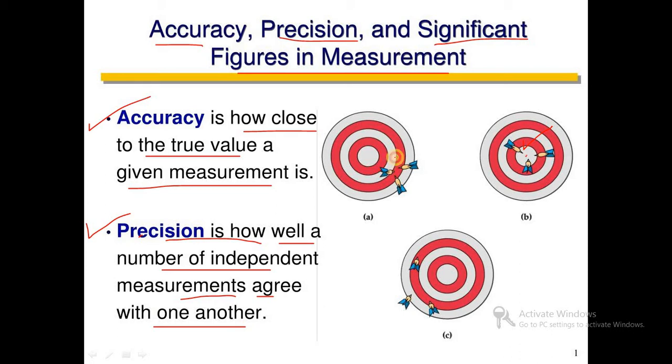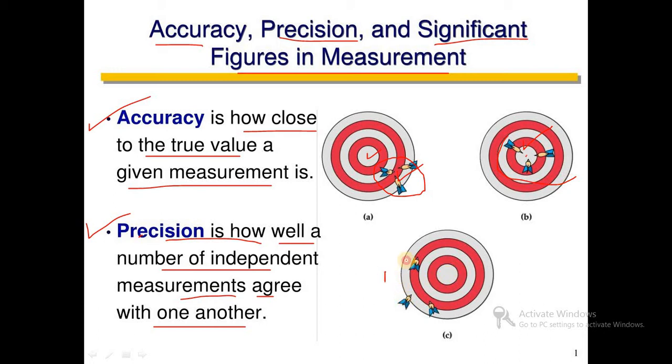That is, these readings are precise but not accurate. When they come to this point, the circle, this is an accurate one.